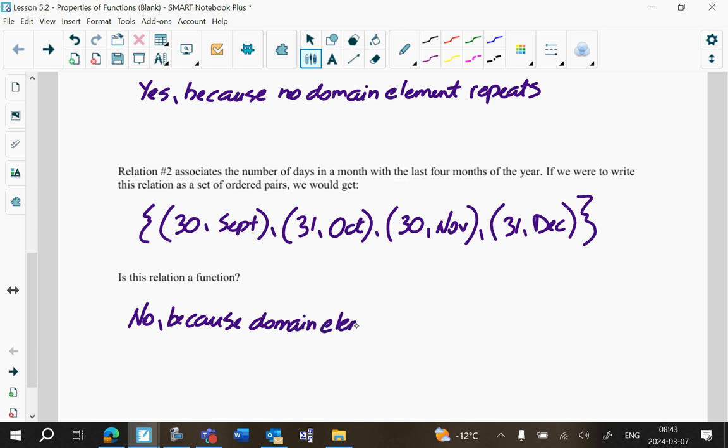Both 30 and 31 repeat. So hopefully you get the idea of how to identify the domain, how to identify the range, and whether it's a function or not, and why.